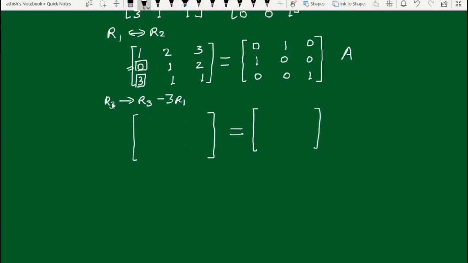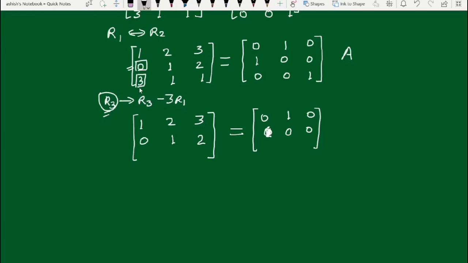First, we have to transform R3. No change in R1 and R2. Now copy 1, 2, 3, 0, 1, 2. Same here 0, 1, 0, 1, 0, 0, and now transform it.